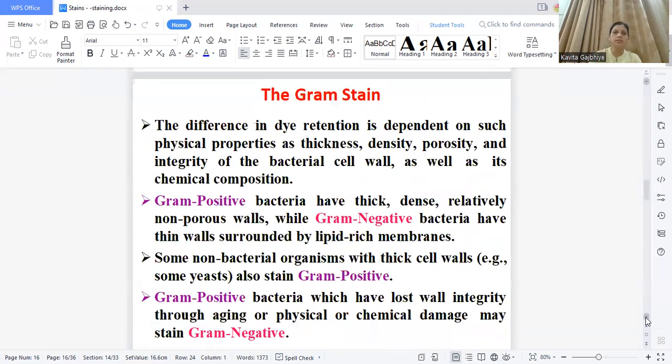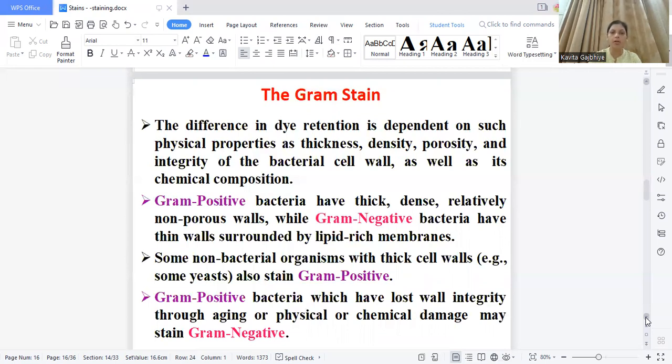So what causes the difference in the dye? The difference in dye retention depends on physical properties of the bacteria, for example the thickness, density, porosity, and integrity of the bacterial cell wall, as well as its chemical composition. Gram-positive bacteria have a thick, dense, relatively non-porous wall, while gram-negative bacteria have thin walls surrounded by lipid-rich membranes.